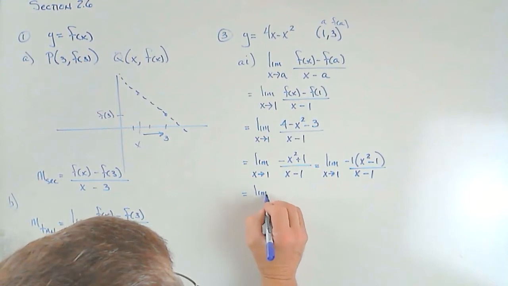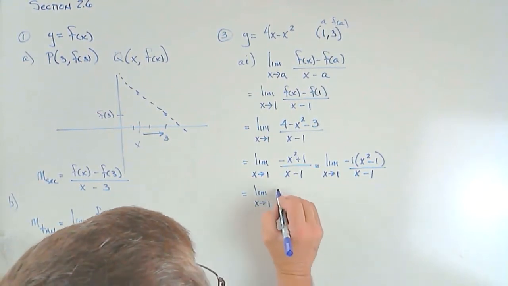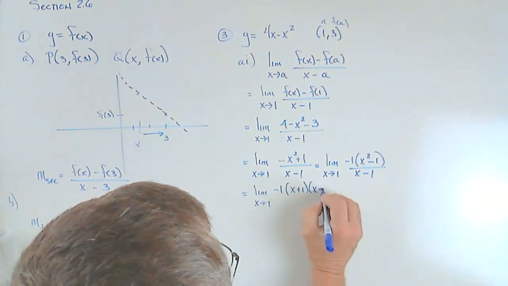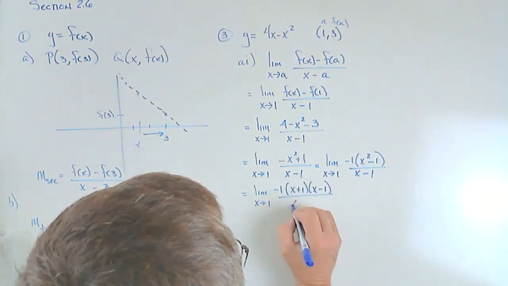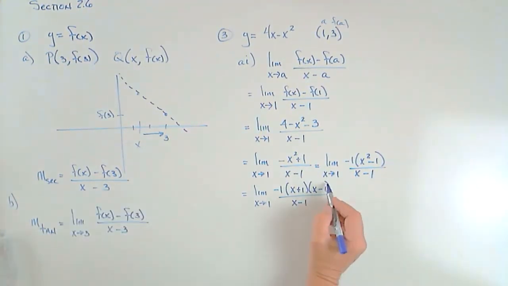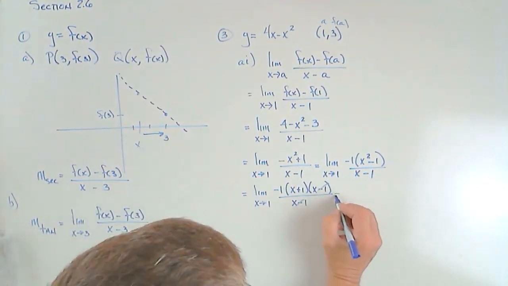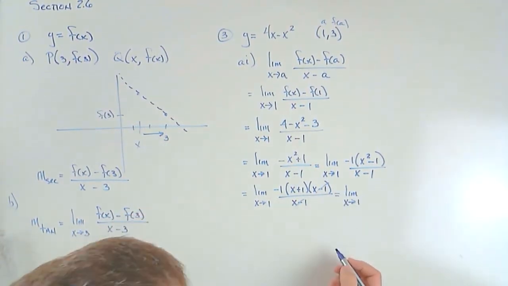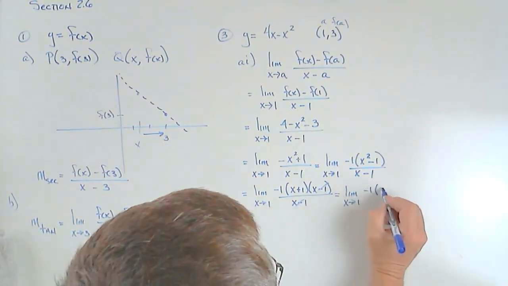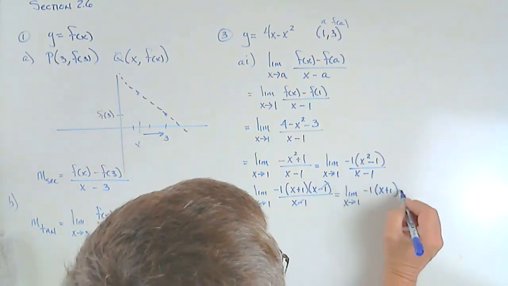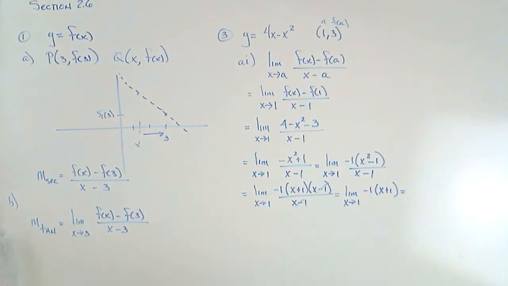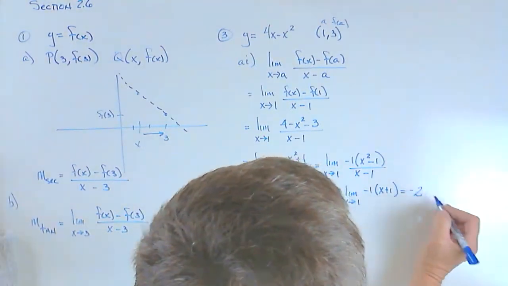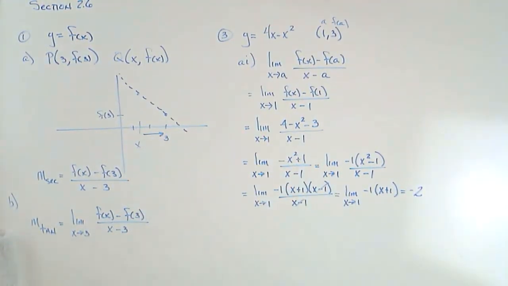That gets us the limit as x approaches 1 of negative 1 times x minus 3 times x minus 1, and on the bottom, we have x minus 1. Now, this x minus 1 will cancel this x minus 1. And we're left finally with the limit as x approaches 1 of negative 1 times x minus 3. We can evaluate that limit by plugging it in. So we get 1 minus 3, that's negative 2, times negative 1. So we get the slope of our tangent line is 2.